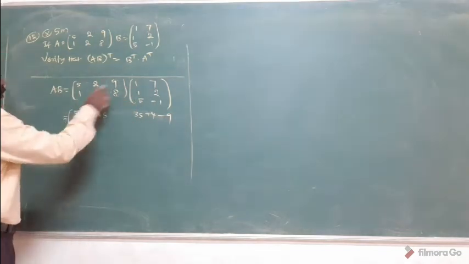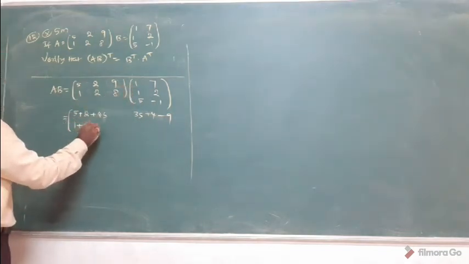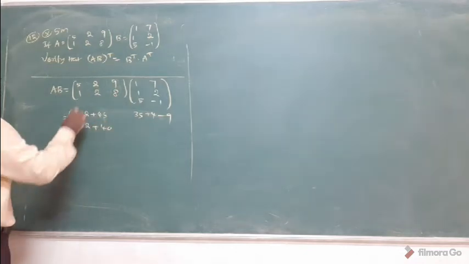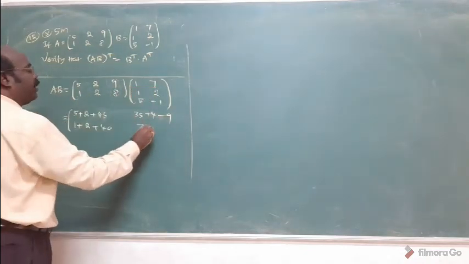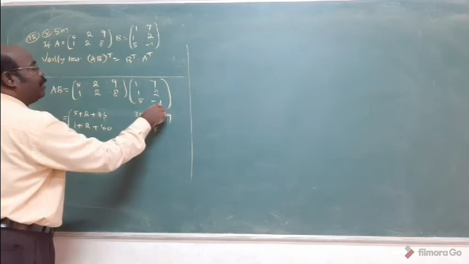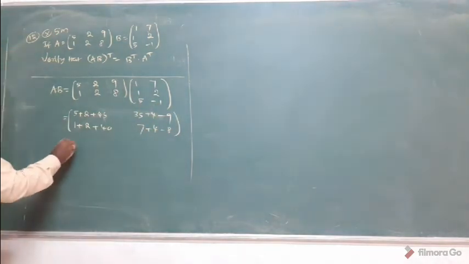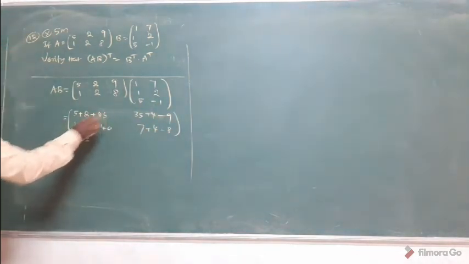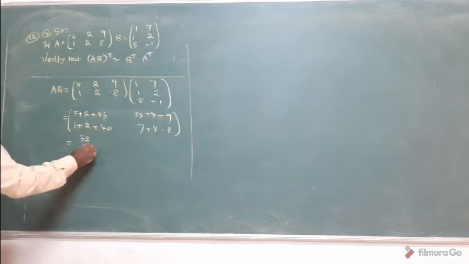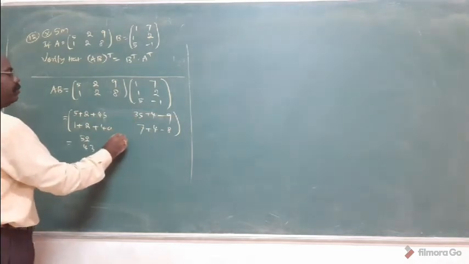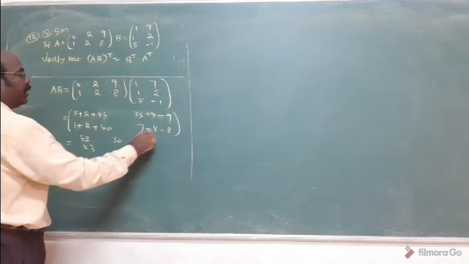Second row first column: 1 ones are 1, 2 ones are 2, 8 is 1. Second: 1 sevens are 7, 2 twos are 4, 8 into minus 1, minus 8. So we get 52, 43, 39, 30 here. What is the answer? 3.